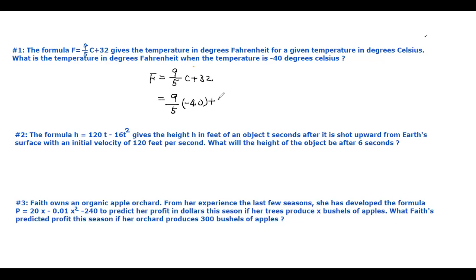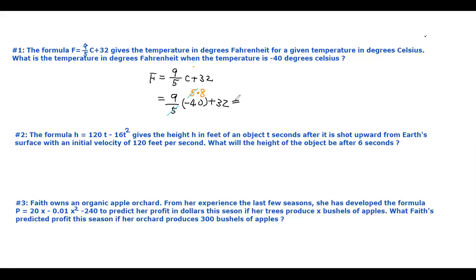Then plus 32. For this type of problem, you can change 40 to 5 times 8, so that now you'll be able to cancel. 40 is 5 times 8, so the 5 and 5 I can cross out.